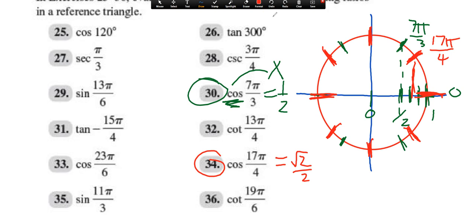Now, if you get things like this, like 28, where it's cosecant, you better find the sine first. You better go back to the regular trig function and find that one first. Now, the worst thing you could do on question 28 is I could see a kid do this.